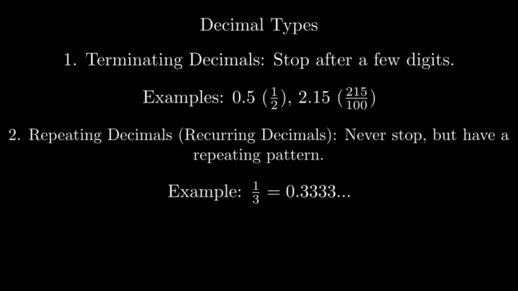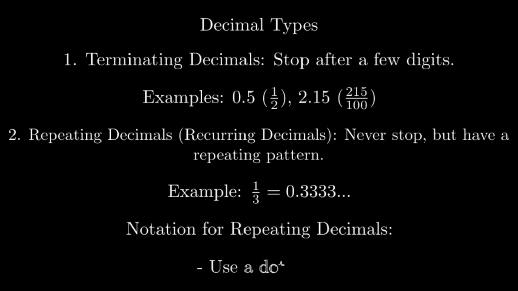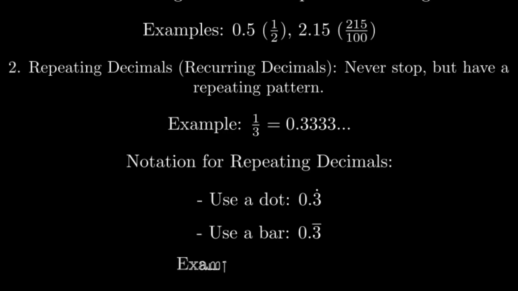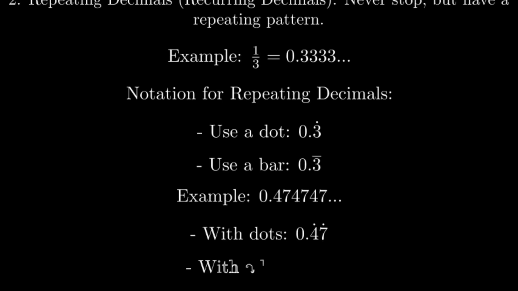To make writing these decimals easier, we have special notations. We can write the repeating decimal using a dot over the repeating digit, like 0.3 dot. Or, we can use a bar over the digit or block of digits that repeats, like 0.3 bar. Let's see another example with a block of digits repeating. Consider the decimal 0.474747.